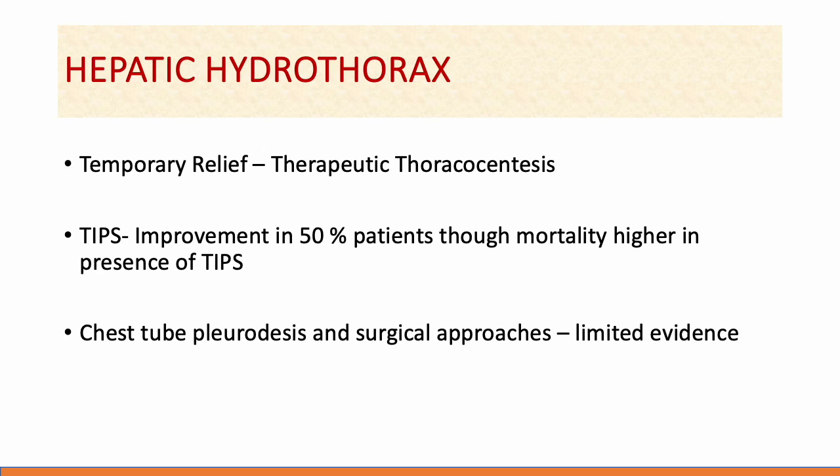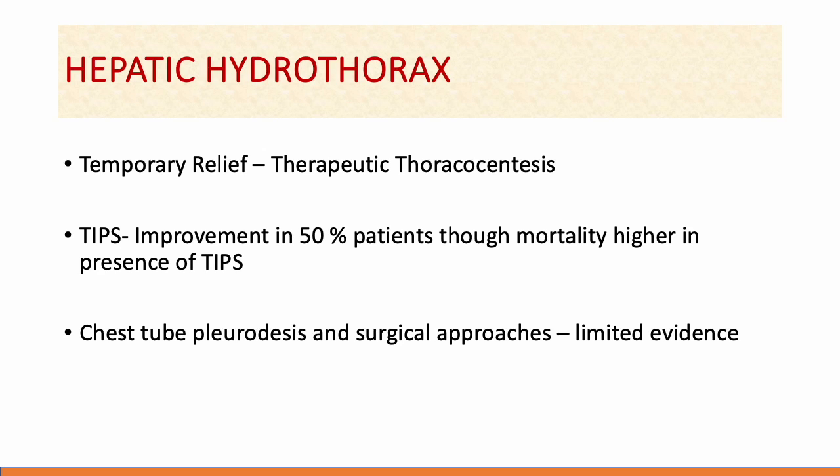If there is a patient who has refractory, recurrent hydrothorax, and is not able to get repeated tapping done, then the procedure that can be done is TIPS, or transjugular intrahepatic portosystemic shunting, but it has a higher mortality, and it also shows a good improvement in half of the patients.